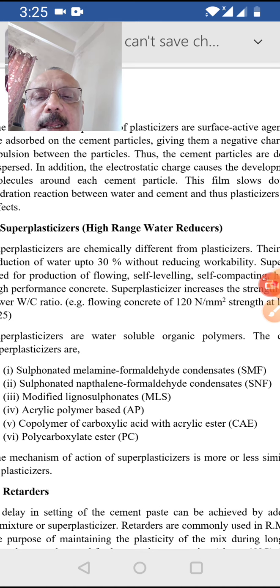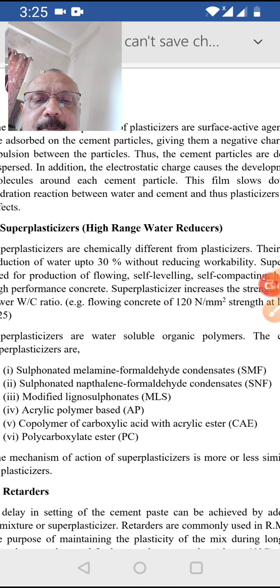Secondly, sulfonated naphthalene formaldehyde condensates, SNF. Third, modified lignosulfonate, which is more common, MLS. Fourth, acrylic polymer based. Next, copolymer of carboxylic acid with acrylic ester and polycarboxylate ester.